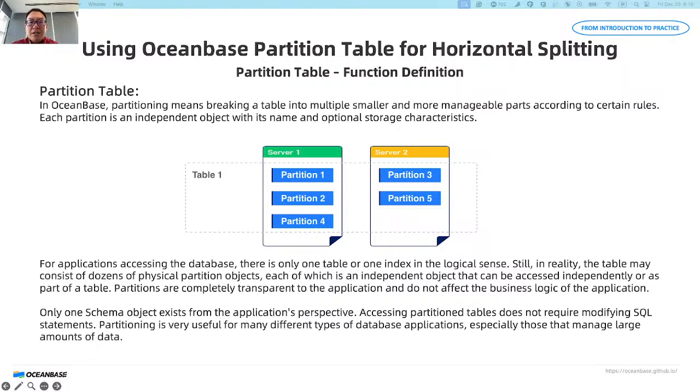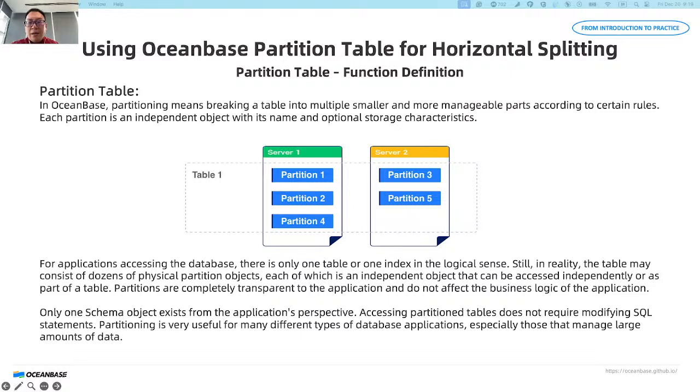For an application accessing the database, there is only one table or one index in the logical sense. However, in practice, a table may consist of dozens of physical partition objects, each functioning as an independent object that can be accessed individually or as part of an entire table.